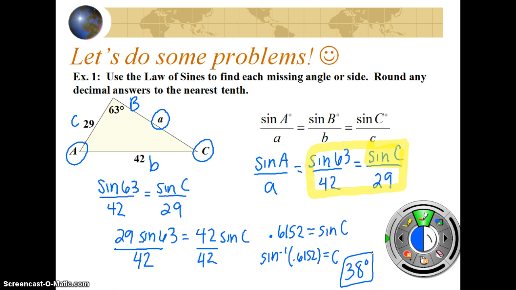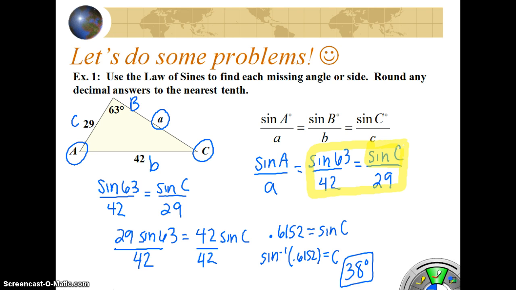So I found that C is 38 degrees. Now I can easily find A because all I need to do is subtract 63 and 38. So 180 minus 63 minus 38 is equal to 79.